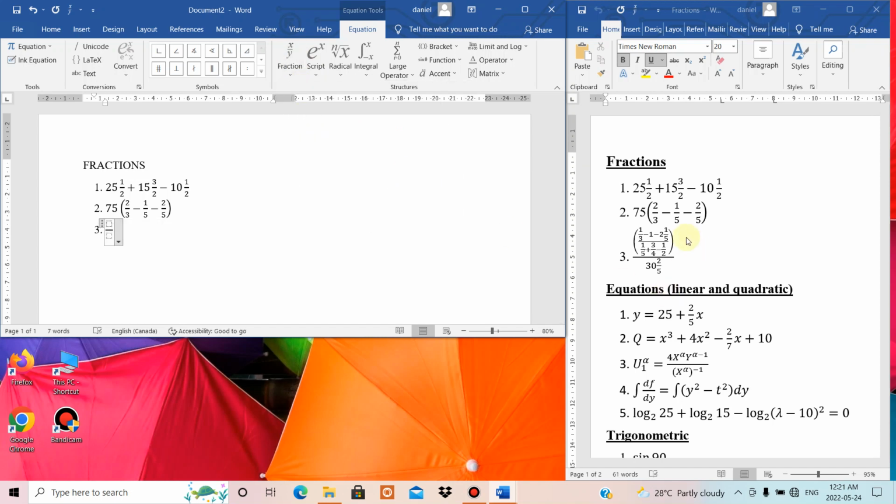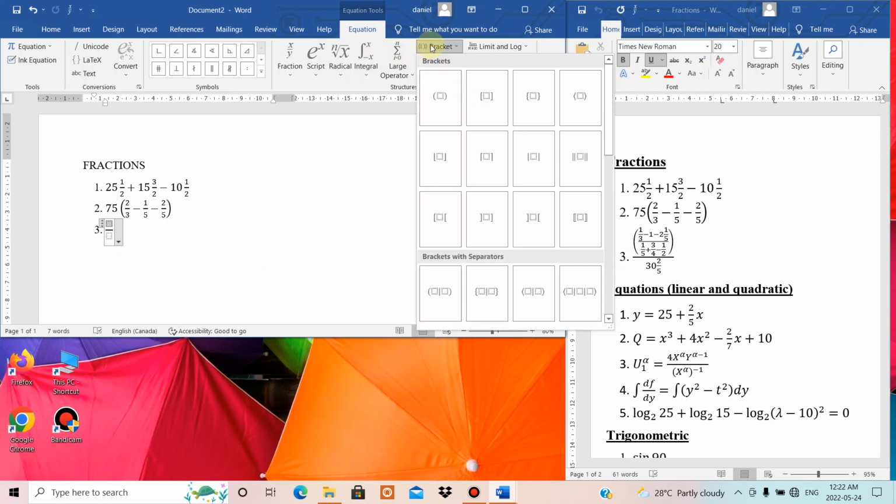So this whole expression is the numerator and this is the denominator. It's still a fraction, even though this contains a lot of fractions, it's a fraction on another fraction. So on the numerator, we need a bracket. So you introduce your bracket.